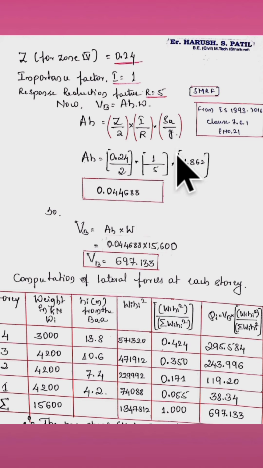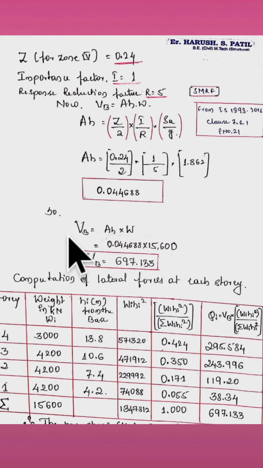SA by G value you have got as 1.862. Just substitute this in your calculator and you can get this answer, that is 0.044688. This will be your horizontal acceleration coefficient, that is AH.